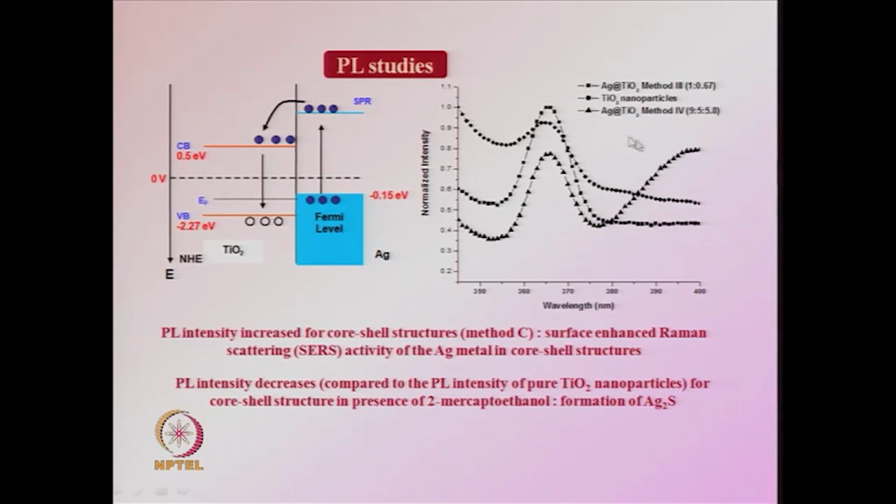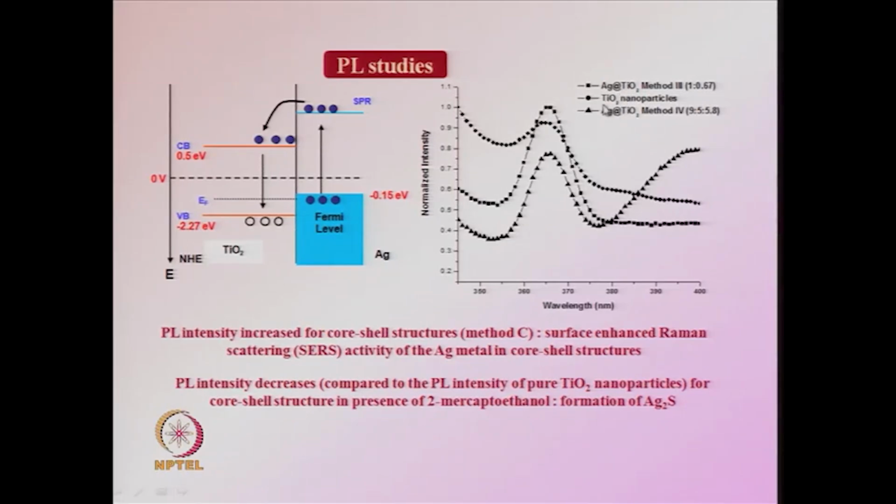If you look at the intensity of the PL, the photoluminescence plotted with wavelength, you can see the highest intensity is for the silver TiO2 core shell structure.